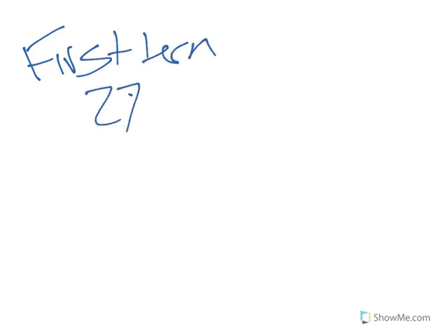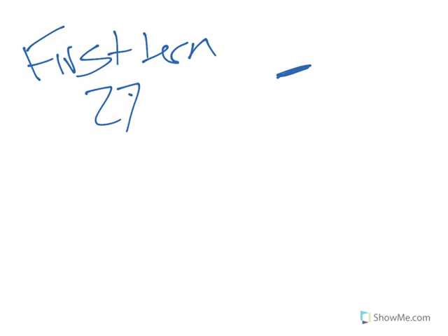Now, how they do this lesson in patterns, they're going to say, I want you to do your first term. The first term is 27, and they want you to subtract by 5. Actually, let's make it smaller or else we're going to run out of numbers.